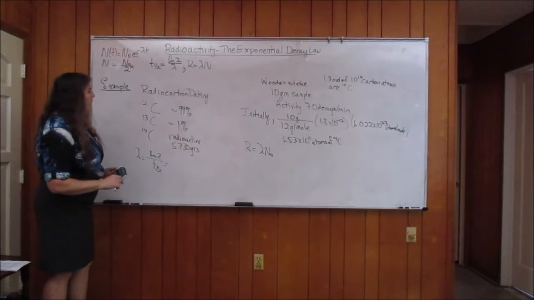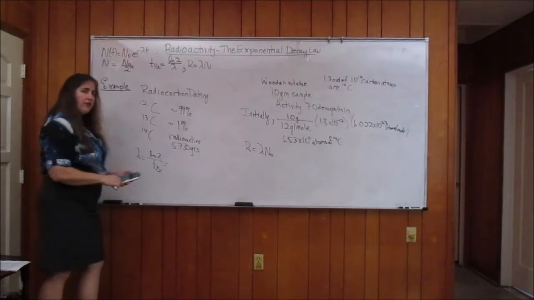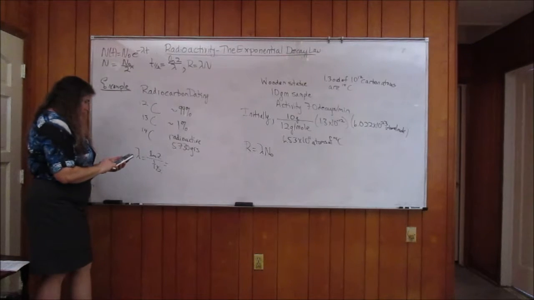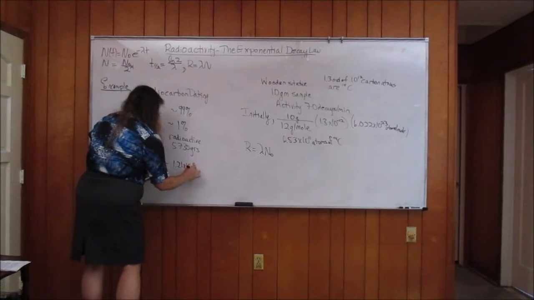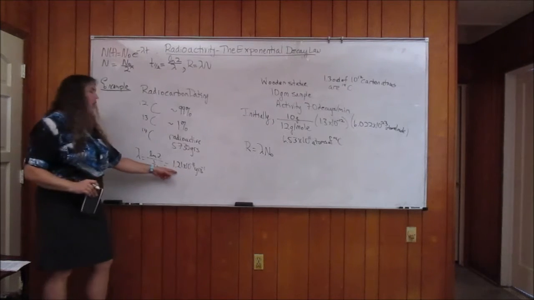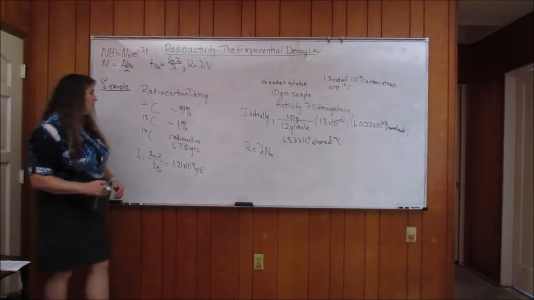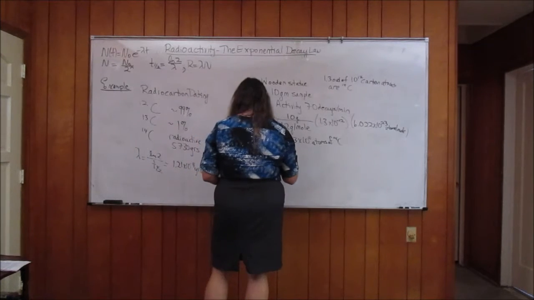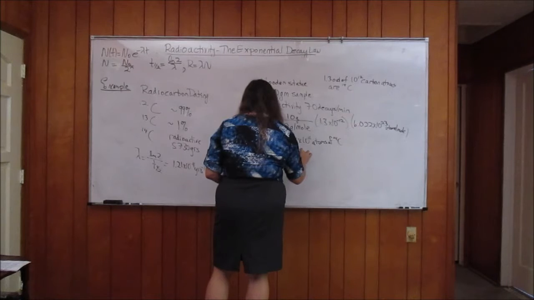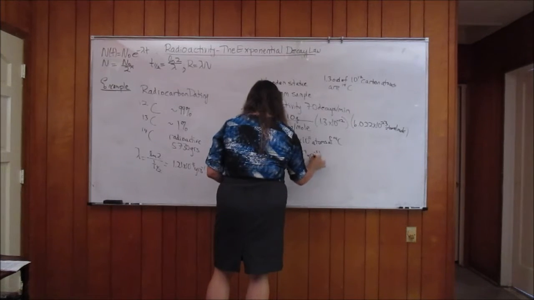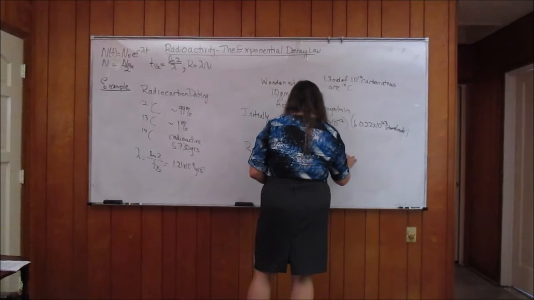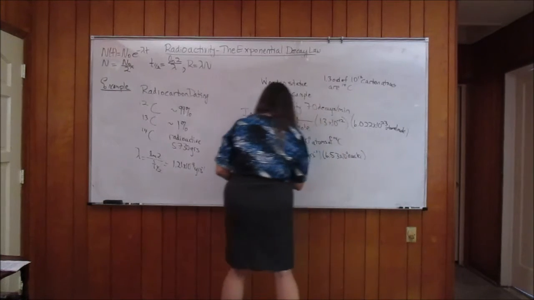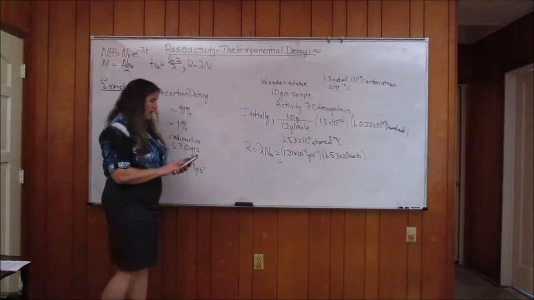In this case, the half-life of carbon-14 is 5,730 years, which means that the decay constant is 1.21 times 10 to the minus 4 per year. And there were initially 6.53 times 10 to the 11th nuclei available.